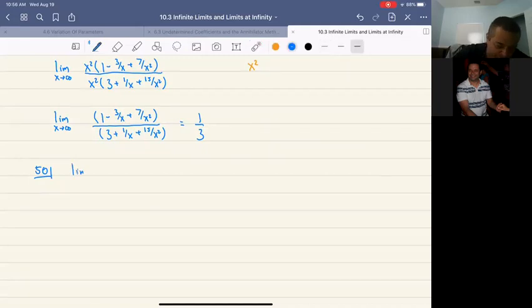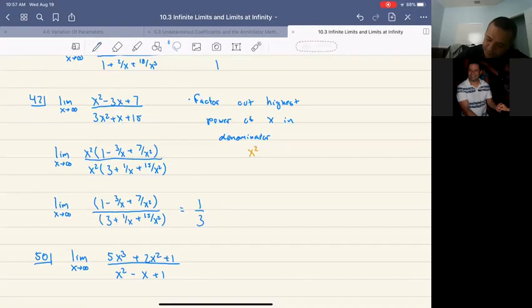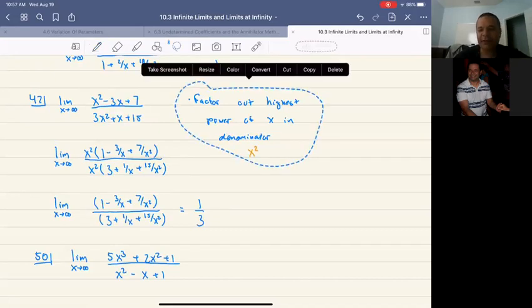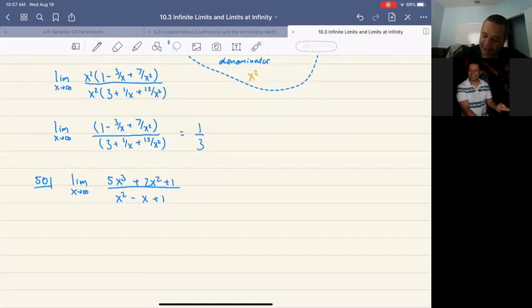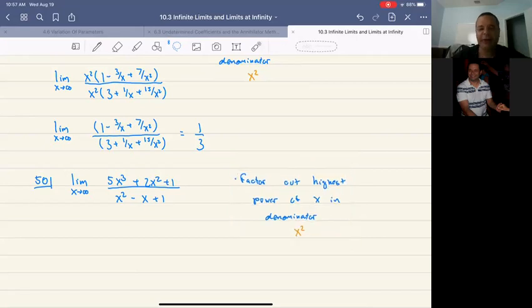Number 50: the limit as x approaches infinity of 5x cubed plus 2x squared plus 1 over x squared minus x plus 1. Same thing, we're going to factor out the highest power of x in the denominator, and again, it's x squared.